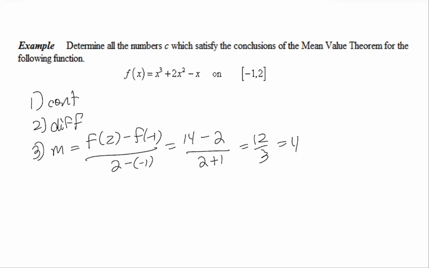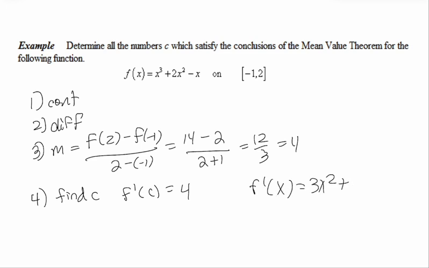So what the mean value theorem says is that we can find a c where f prime of c is equal to 4. So let's go ahead and do that. Well, our derivative is 3x squared plus 4x minus 1, I think. 3x squared plus 4x minus 1.